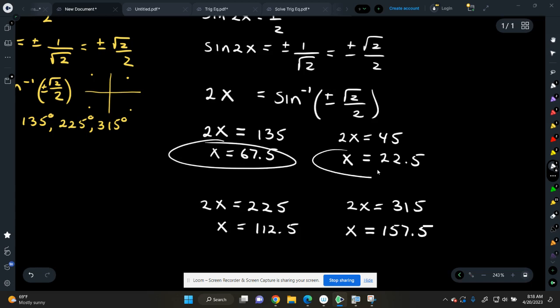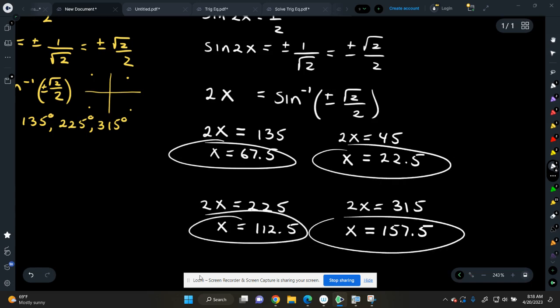So there's our answer. Okay, so it's the same way that you solved it before, except that when you get your answer, it's 2x that equals that. Questions on that one?